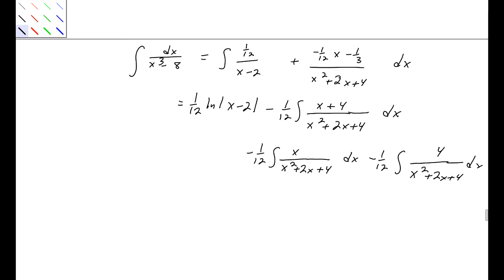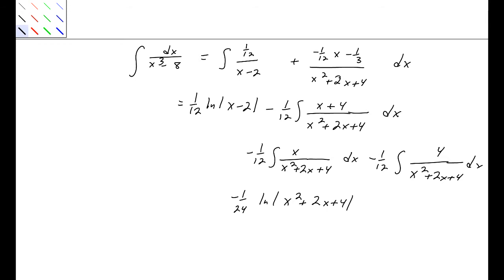Okay, now that second one is a u substitution. If we used u for the denominator, and then du, we'd have a 2x plus 2. So what ends up happening there is we just get negative 1/24 natural log of x squared plus 2x plus 4.